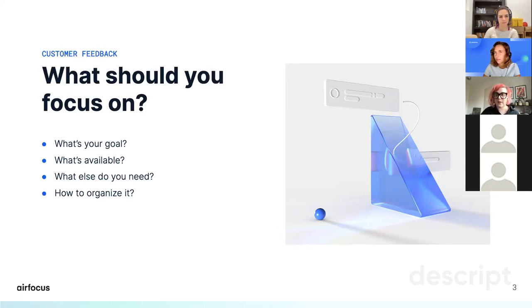And then also I look at like, what do I actually have available right now that kind of matches with that goal, what I want to learn about. Is there anything else I might need and want? So maybe I need to actually go out and get some extra feedback on something specific. And also, how can I organize it to then make it easier for me to get those gold nuggets out of those masses of feedback, right?